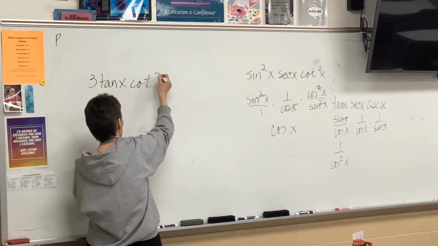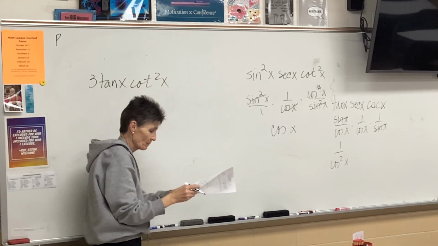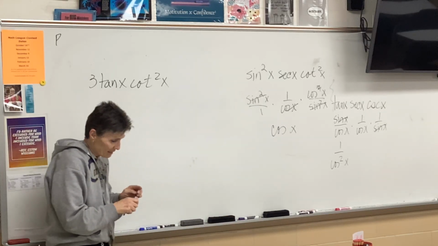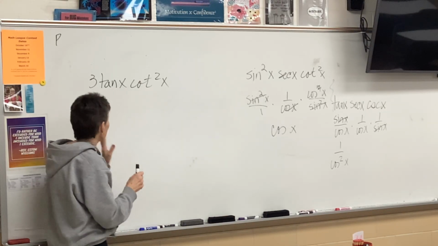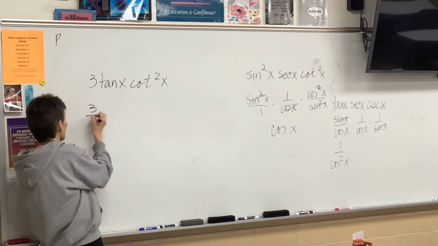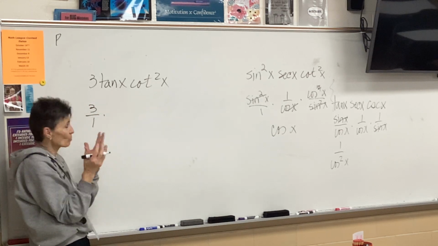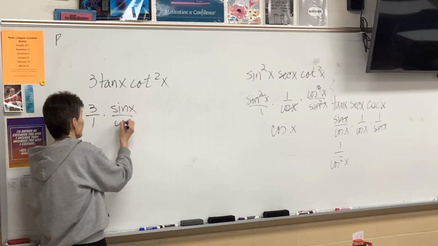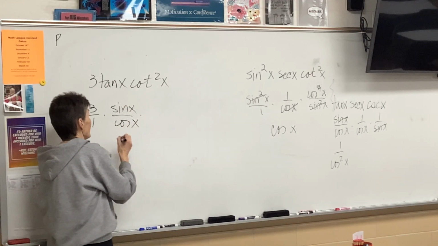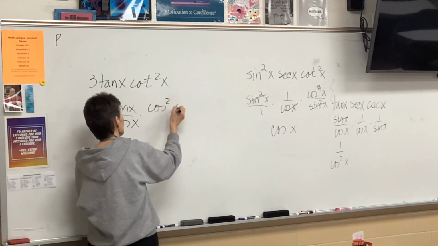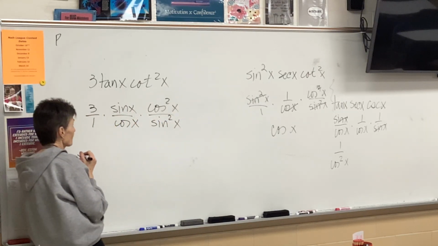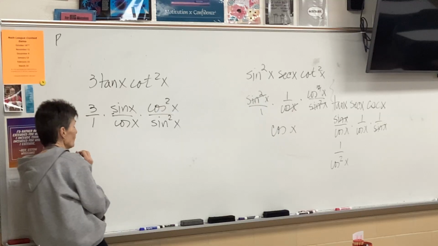I think we talked about one like this yesterday, or earlier today actually. And that 3, we're just turning it into a fraction, just like everything else, just 3 over 1. And then we'll have our sine over our cosine. And our cosine squared over our sine squared. Oh, be careful here.